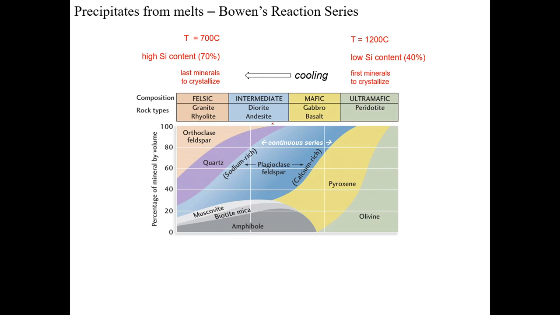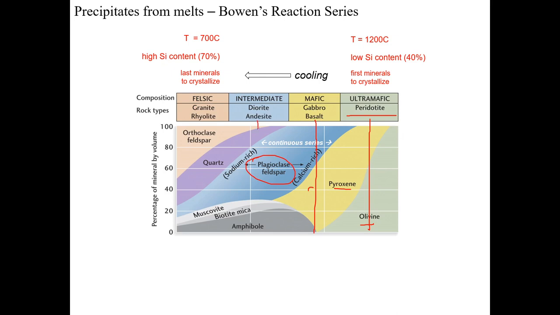All right, so this is kind of a diagram. I'm not going to go over this necessarily too much, but it's just showing you that for ultramafic rocks, you would expect a lot of olivine and pyroxene. For mafic rocks, you would expect a lot of plagioclase feldspar and a lot of pyroxene. Okay, so mafic rocks are made of plagioclase feldspar and pyroxene.